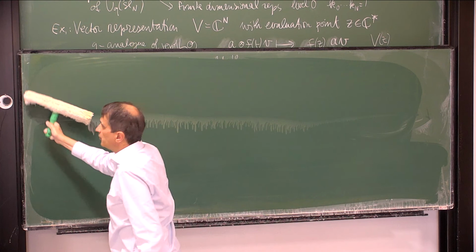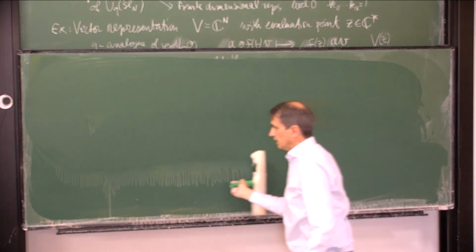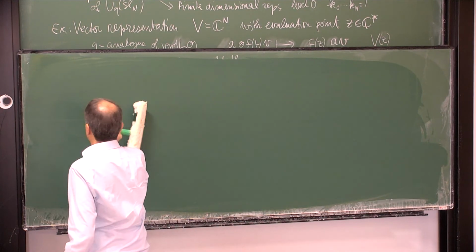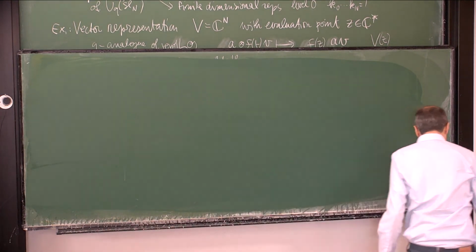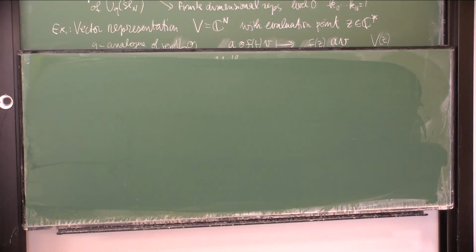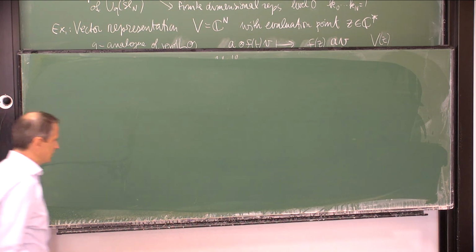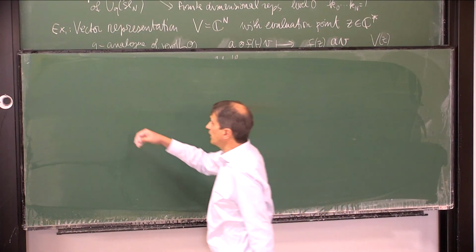So now, out of this representation, I would like to construct the other representations with higher partitions by this thing here. But I would like to do it in the Kac-Moody case, in the affine case.